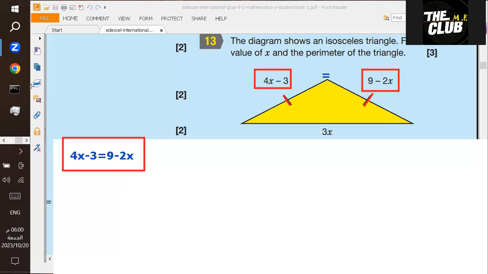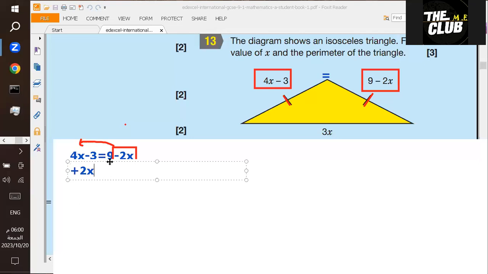Move the smaller to the bigger. Between 4 and negative 2, negative 2 is smaller. So I'm going to take the negative 2 to this side. And when I take the negative 2 to this side, it's going to be what? Very good. Positive 2x. Positive 2x.